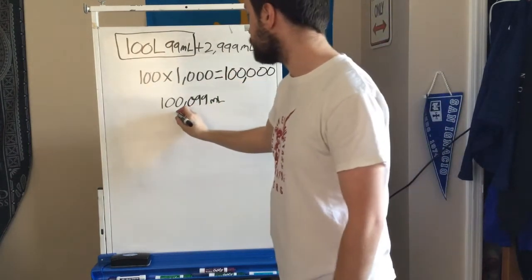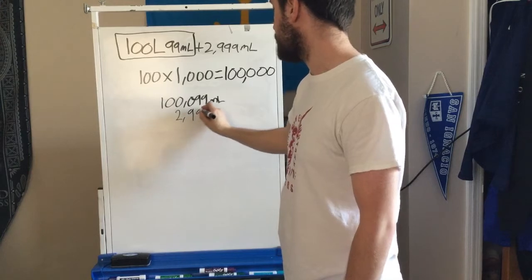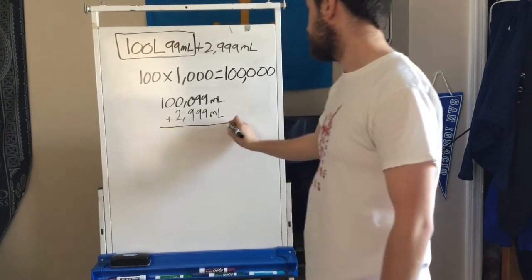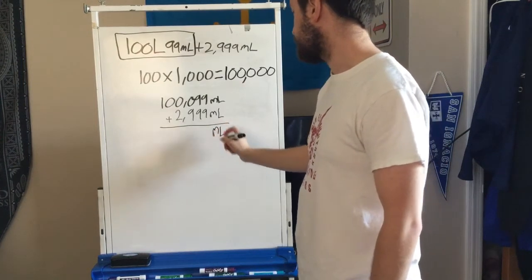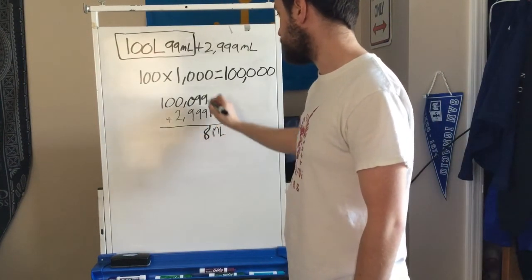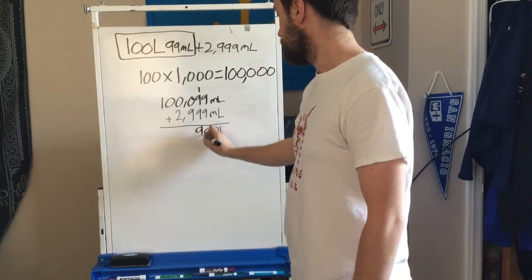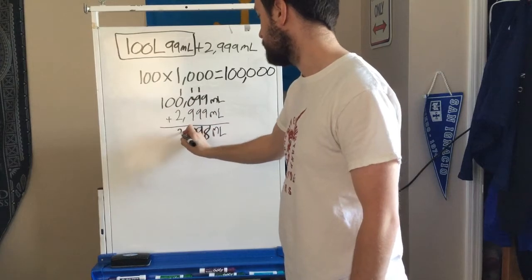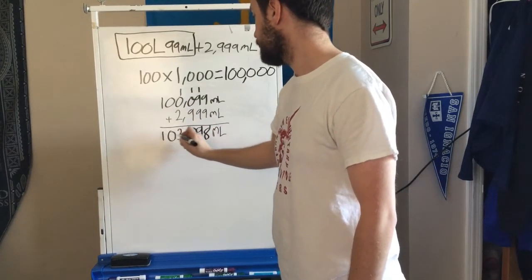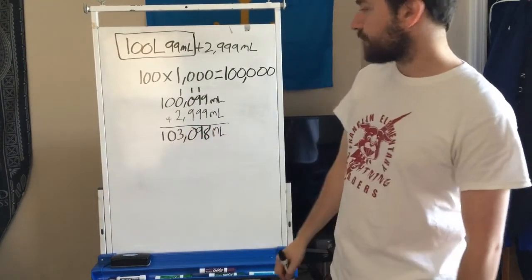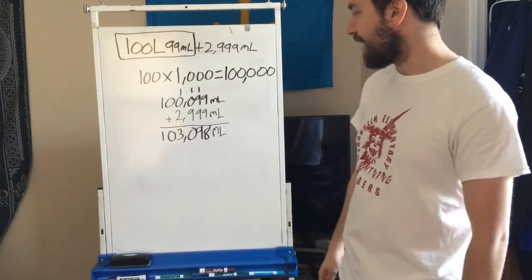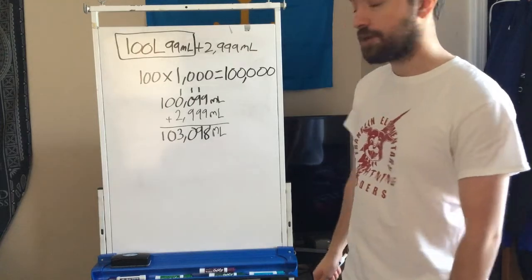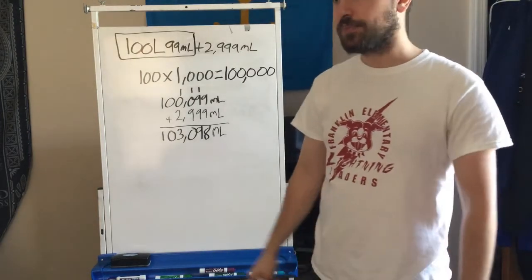Now we can add in our 2,999 milliliters to get our answer. Let's see here. 9 and 9 is 18, carry the 1. 19, carry the 1. 10, carry the 1. 3. So now we know that our answer is 103,098 milliliters.